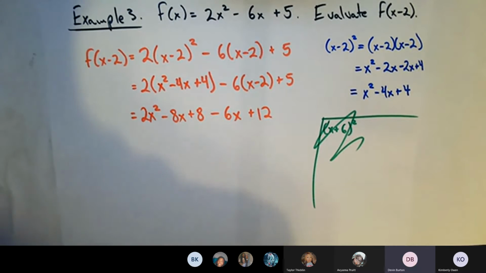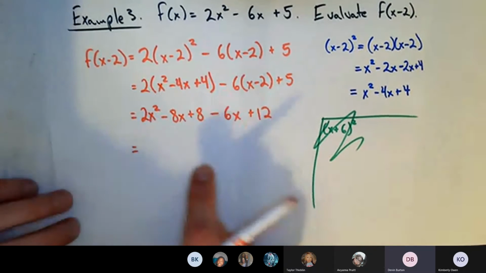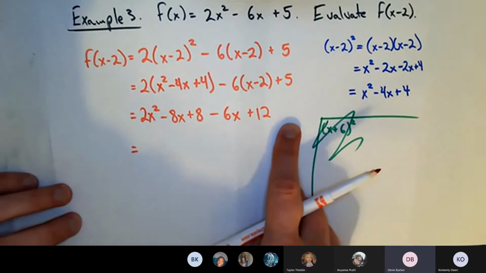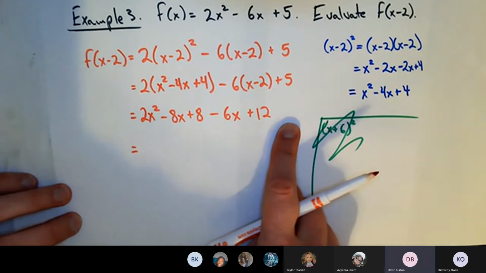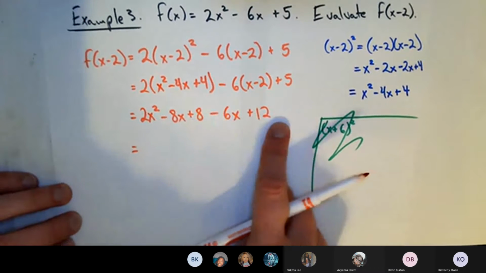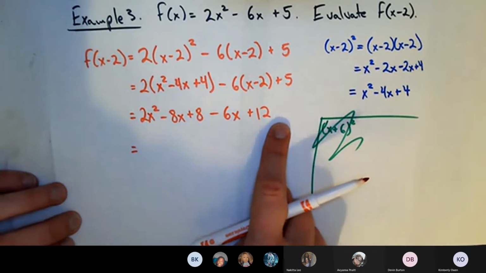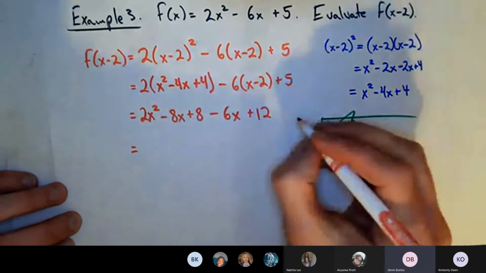Not yet, not yet. That'll be my next, that's going to be what I do in my last step. But before, I'm not done writing this stuff. Are you going to subtract 8? Nope, not yet. Not combining like terms yet. Anyone see what I'm missing? The plus, is it the plus 5? Yes, that's it. That's it.